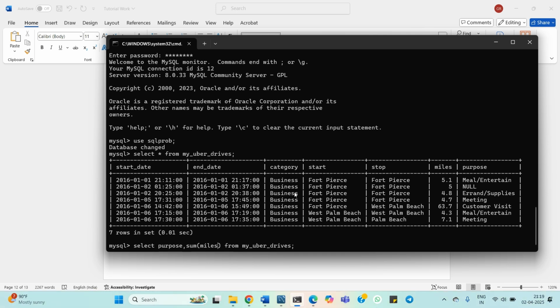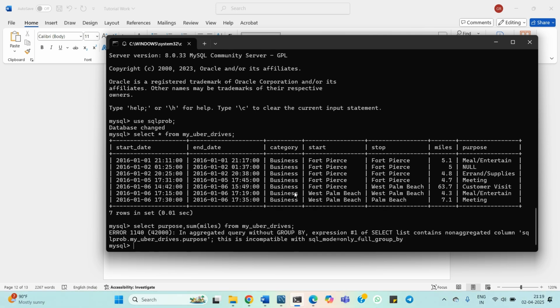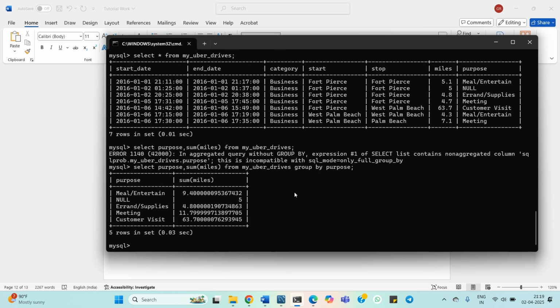Now if I hit enter, it gives an error because we also have to group by purpose. Now you can see they have given us 5 purpose categories. The first purpose is meal entertain, second is null, third is errand, fourth is meeting, and fifth is customer visits.